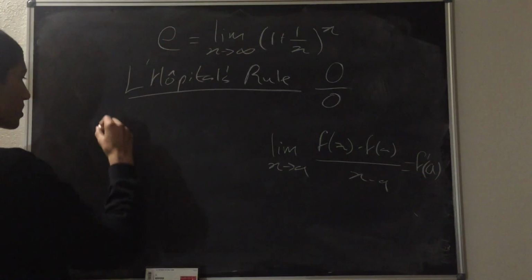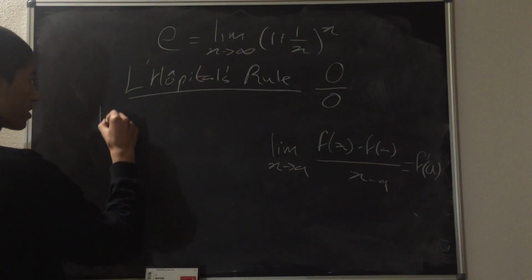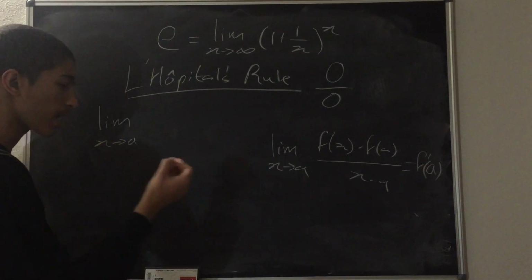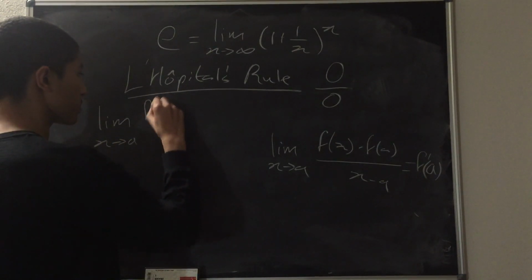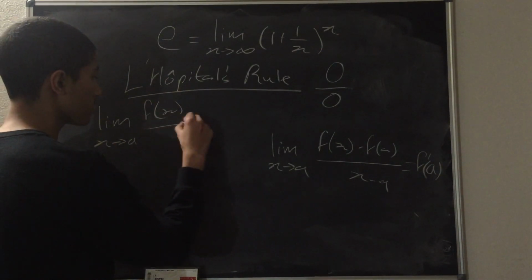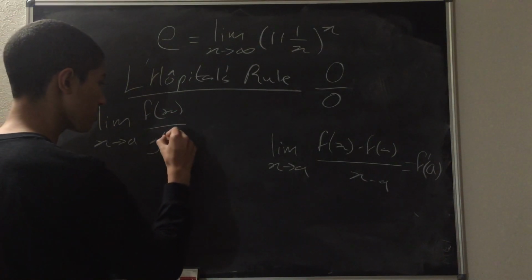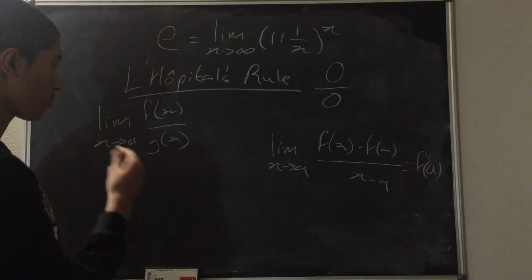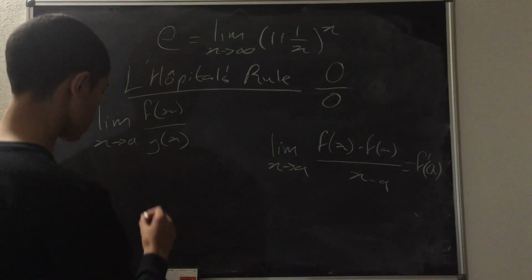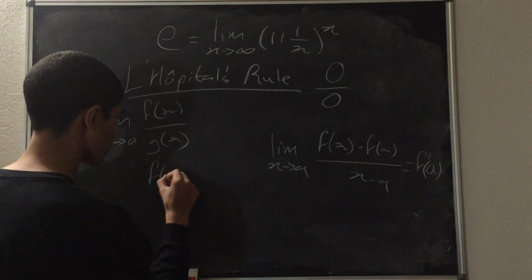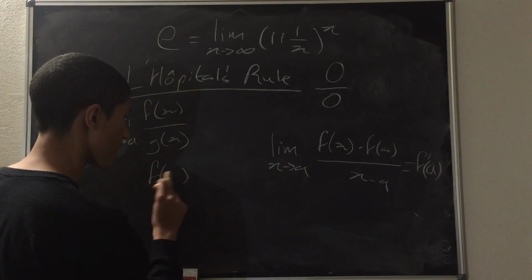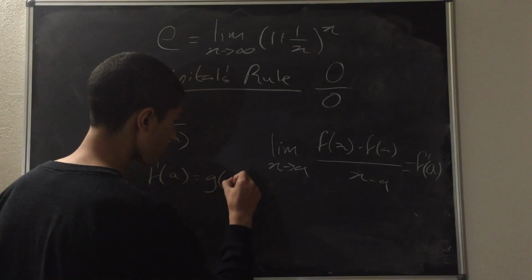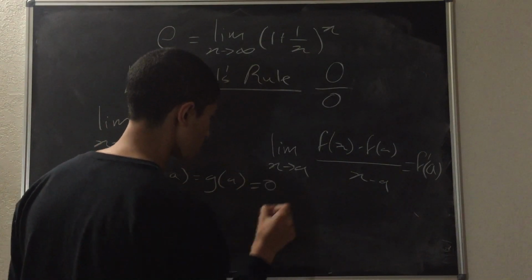What L'Hopital's rule starts with is the limit of x tending to some value a of our first function, f of x, divided by another function, g of x. And one thing that I'm going to start with is that f of a is equal to g of a, which is equal to 0.